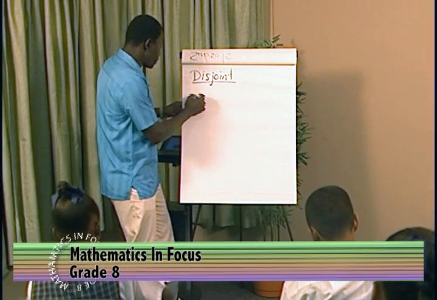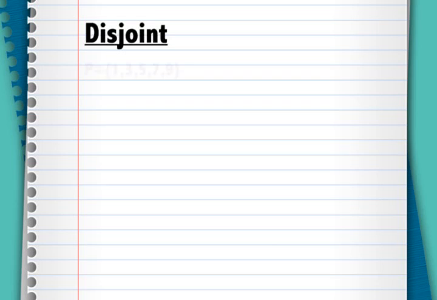So, if we have, for example, P equal to the set {1, 3, 5, 7, 9}, and Q equal to the set {2, 4, 6, 8}.